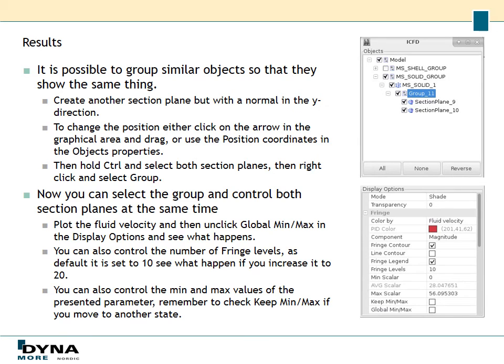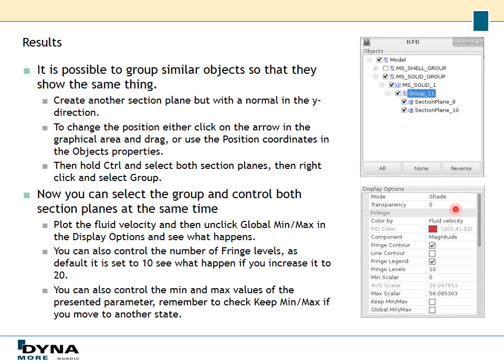It is also possible to group similar objects. So for example, if we create two section planes, one in the Y direction and one in the Z direction, and then hold Control and click on both, and then right click on them and select Group. Now click on the group.